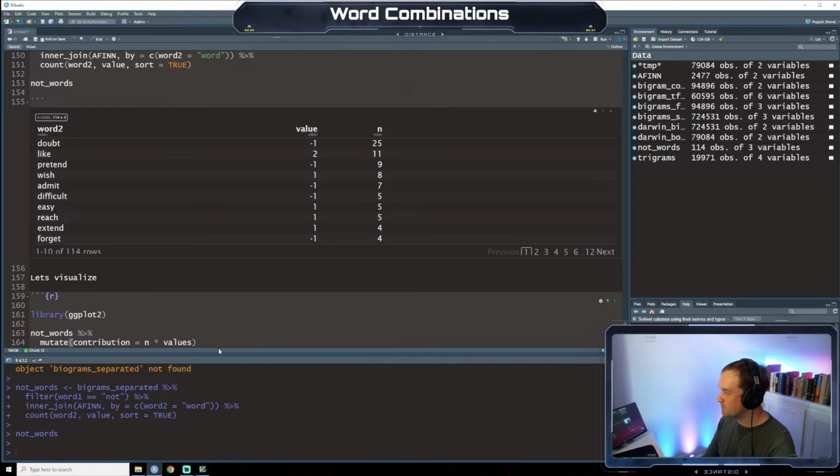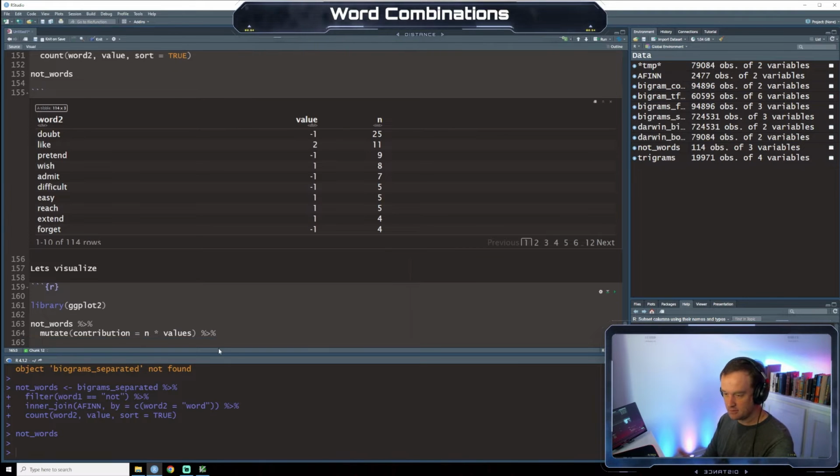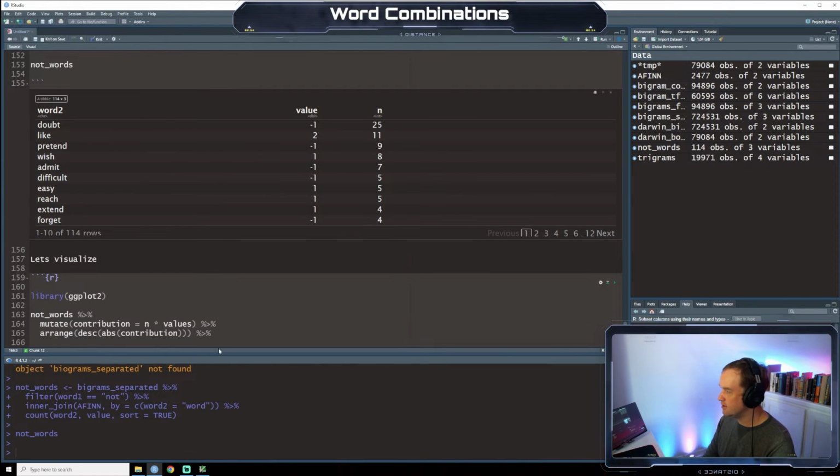So we're going to graph it. That's what we're graphing, that's why we do that. The contribution equals n times value. Arrange, descending, absolute value of contribution. And then head 20, so we're just going to look at the first 20.